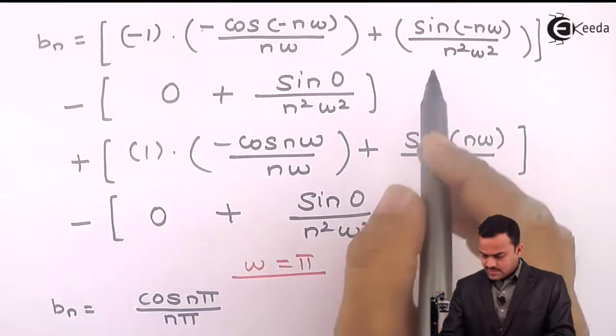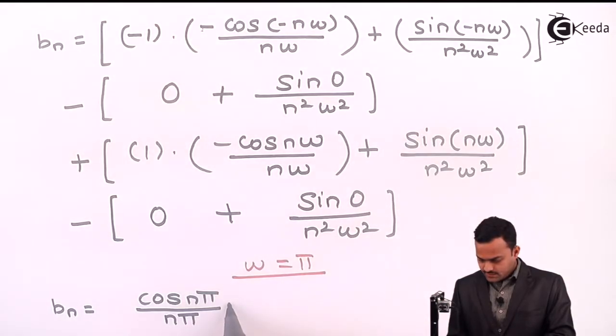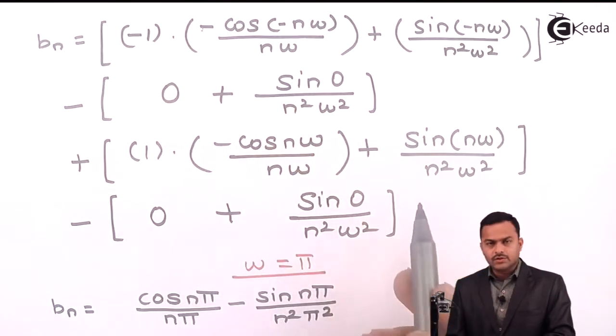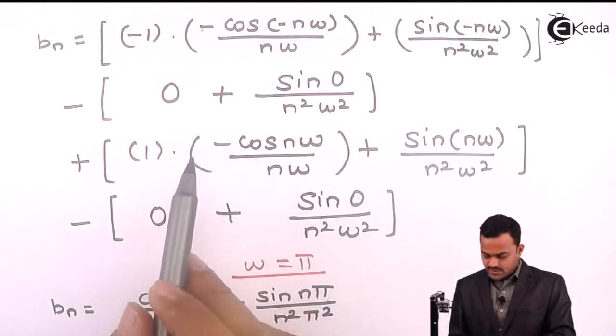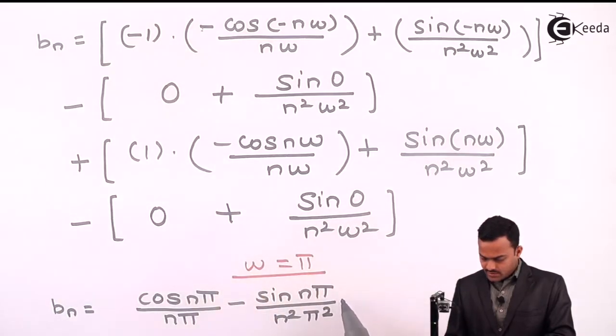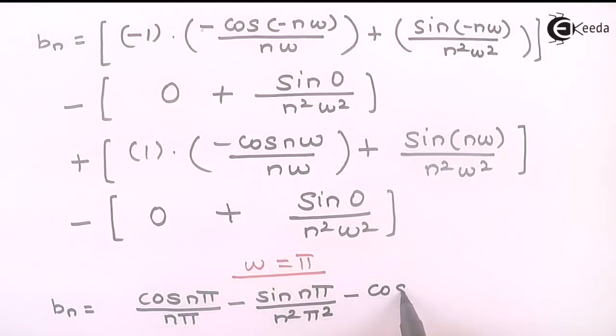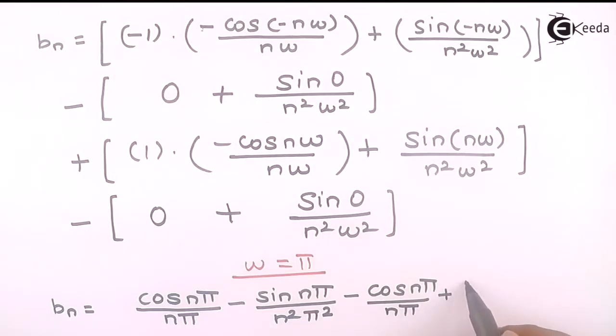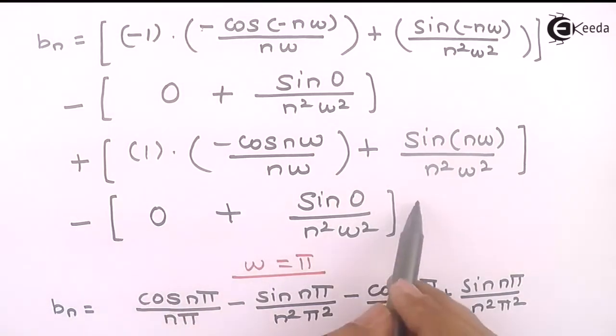Over here sine minus theta is minus sine theta, it's minus sine n pi upon n square pi square. Sine 0 is 0, so no need to consider. Over here once again minus will come out, and that becomes minus cos n pi upon n pi plus sine n pi upon n square pi square, because this term is 0.